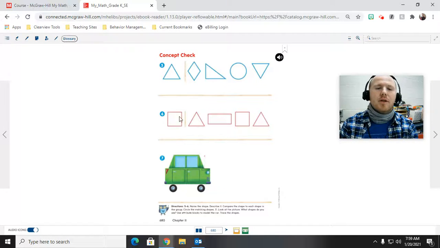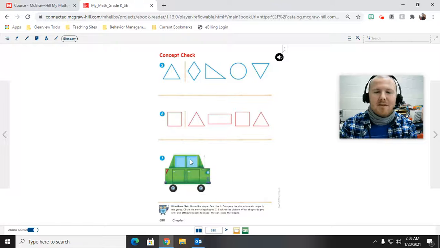You are actually looking for the same sides and the same vertices. We know that this is a square, so make sure you find the square. It says in the question, name the shape, describe it, compare the shape to each shape in the group, and circle the matching shapes.